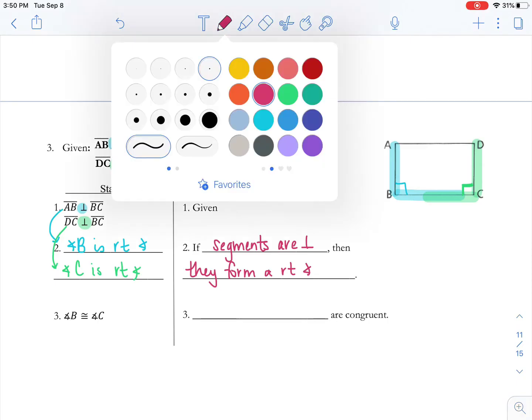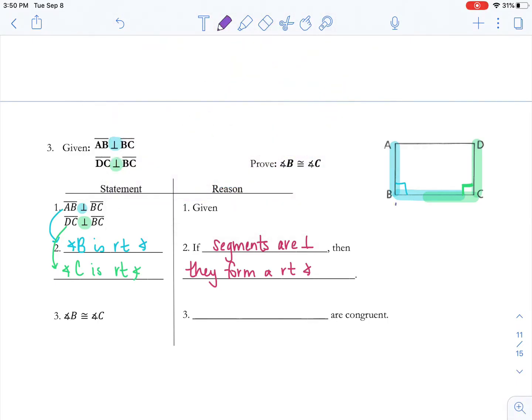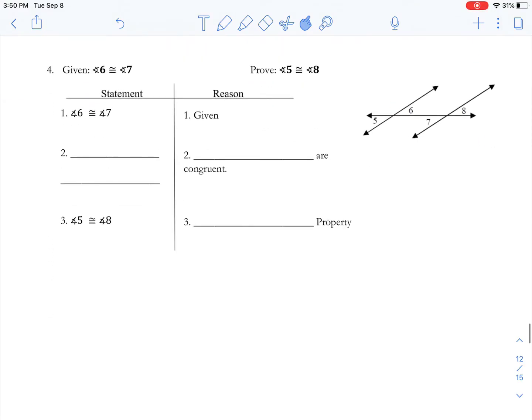So now that we've identified that both angle B and angle C are right angles, we have it written in our proof. Now we can go one step further and say, well, then they must be congruent because all right angles are congruent. And that's another theorem from our theorem list. And we are able to organize all of our thoughts into a nice proof here. Awesome.